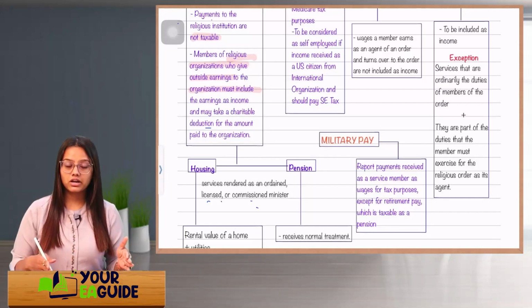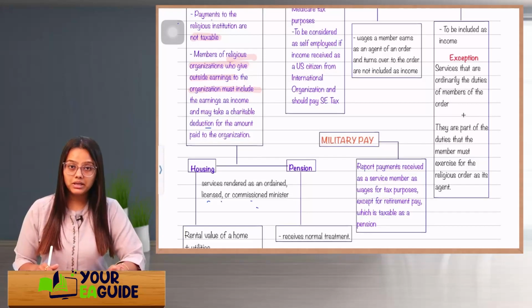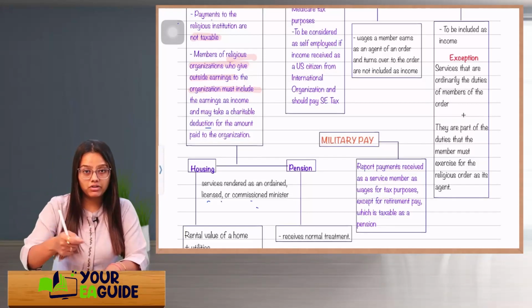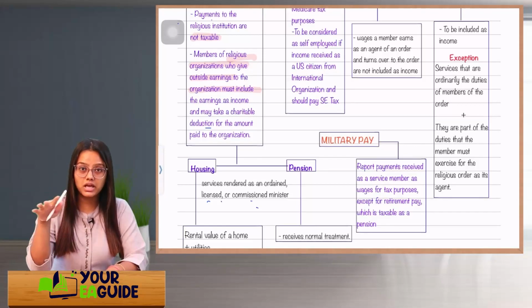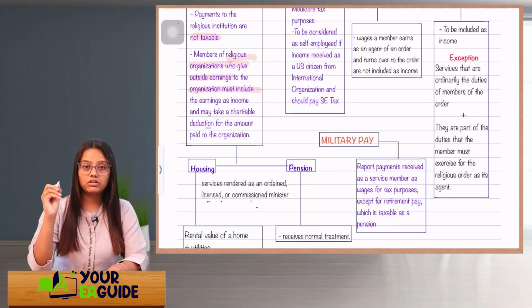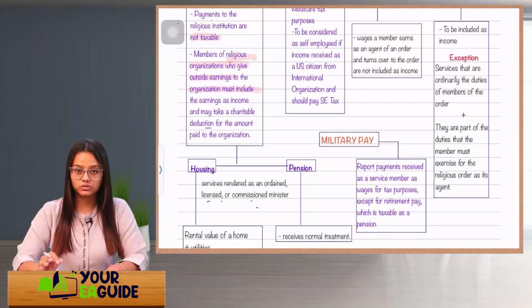Whole week he is earning; whatever is his Friday's paycheck, from that he donates 50%. That doesn't mean whatever earnings he makes from the advocate services is exempt. No. First, everything will be included in the wages income, and later on it will be deducted in the form of charitable contribution.